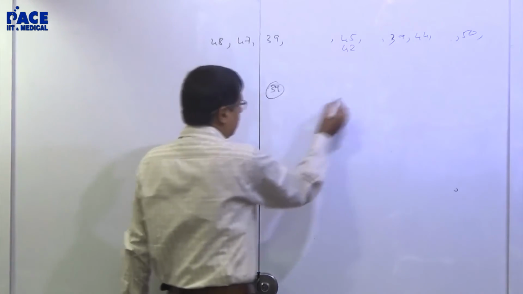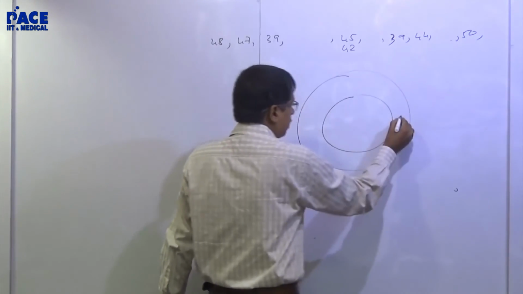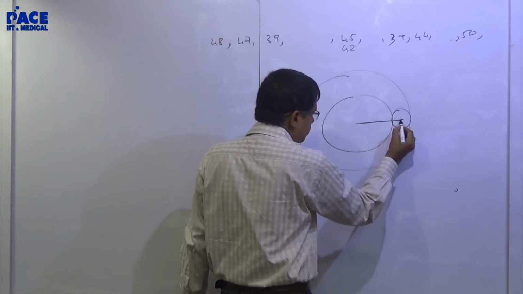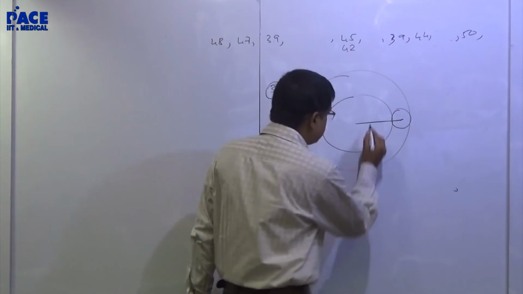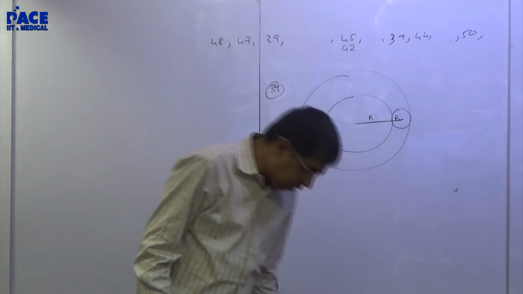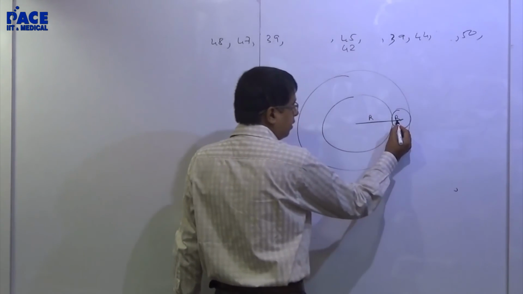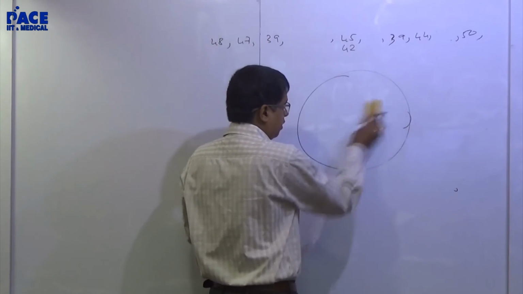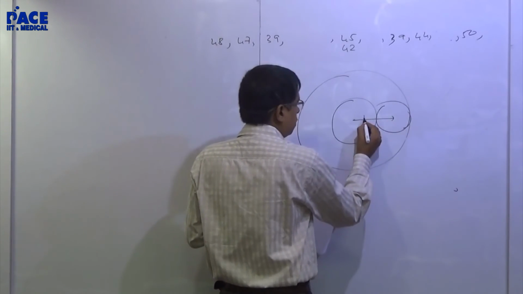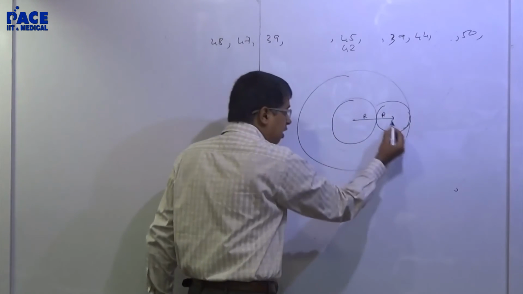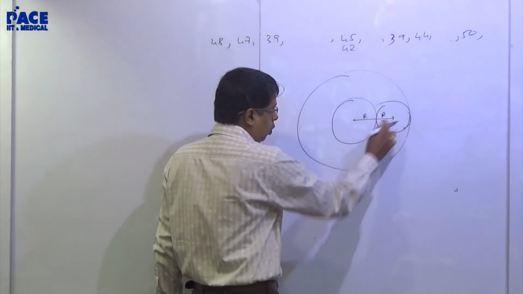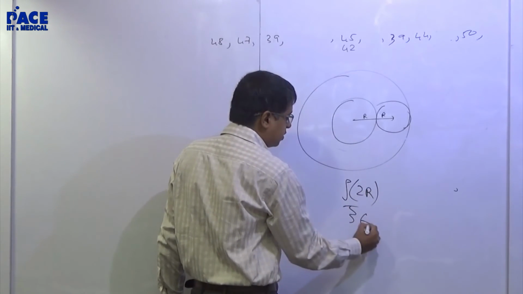39. Observe this carefully. Here I want the field inside. Because of the total, what is this distance equal to? This is R, this is R. Am I right? Tell me if I am taking it wrong. R and R, right? So let me draw it rationally. This is R and R. Total field here because of the complete sphere is rho 2R by 3 epsilon naught.